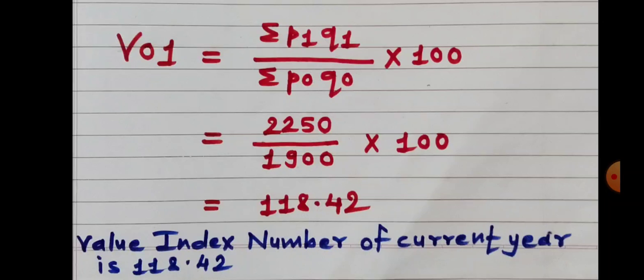Okay, so what is sigma P1 Q1 here? 2250 divided by 1900 into 100, we get 118.42. That is the answer of value index number. So value index number for the current year is 118.42.